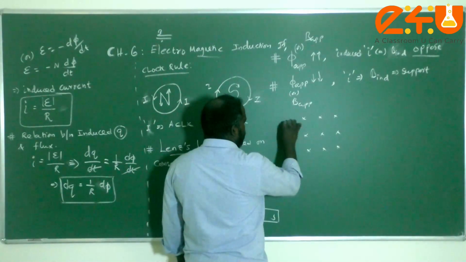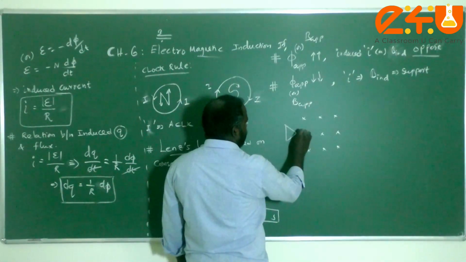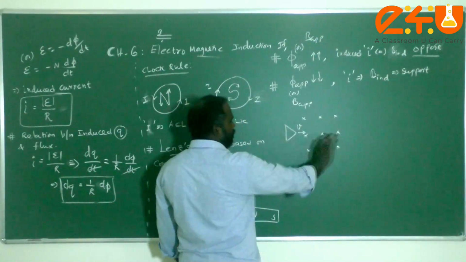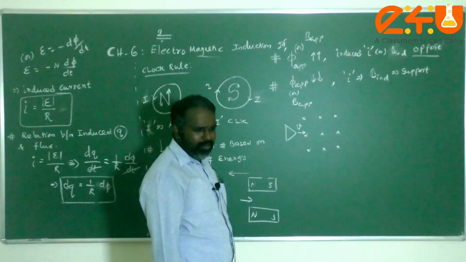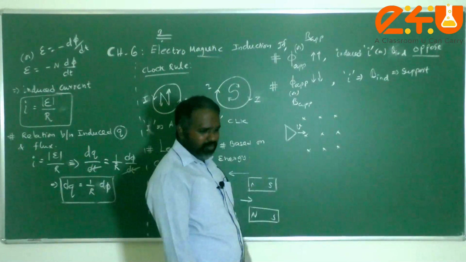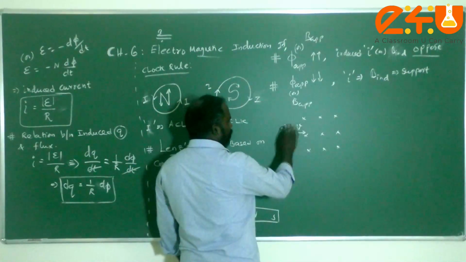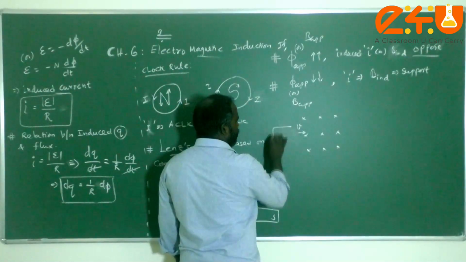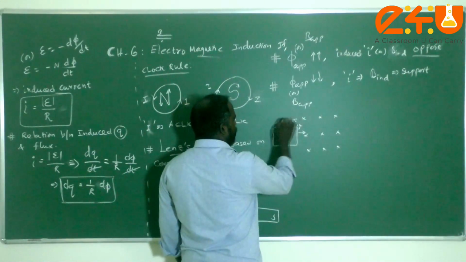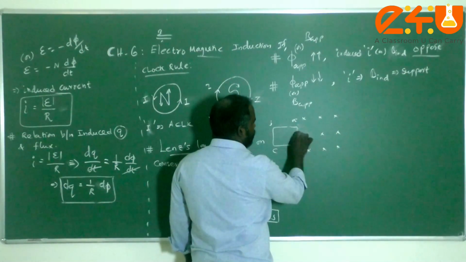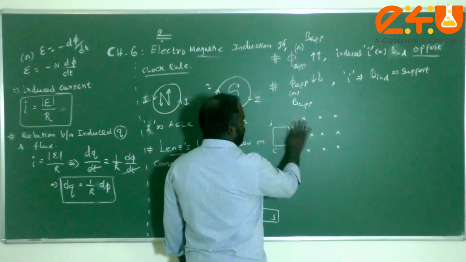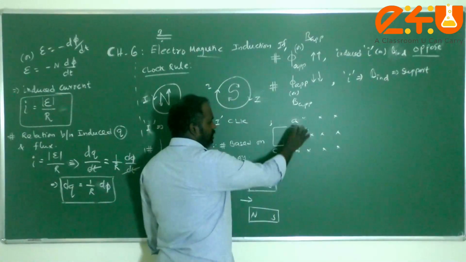Let us consider a conductor moving towards this uniform magnetic field, which is acting normally inward. You can take a rectangular loop, say A, B, C, D. The sides are what, children? A, B, C, D, and it is moving with velocity V.